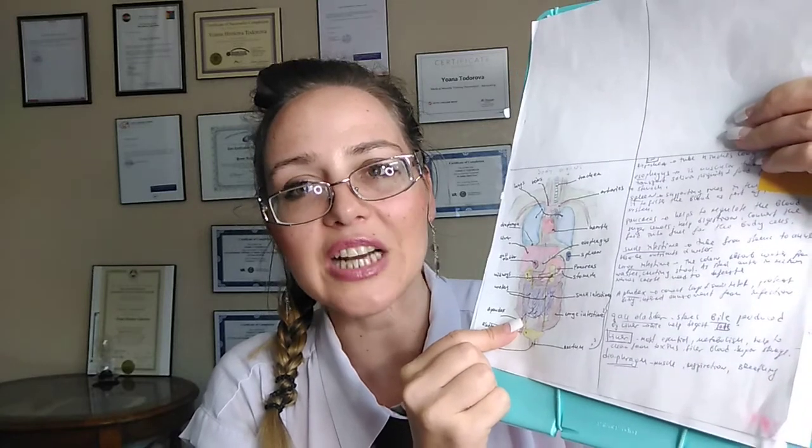I don't know if you remember the last time we talked about gastroenterology and the gastrointestinal tract. The appendix is located on the right side of our belly button. This is the large intestine, and on the right side, at the end of the large intestine, is located the appendix.